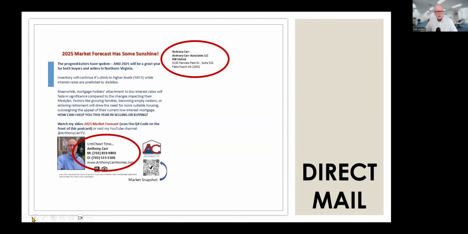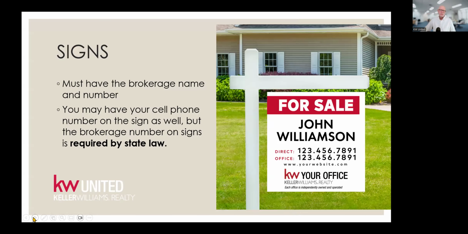And then we're going to spend a little more time on social media in just a minute. But your signs, this is just a sign that I got from one of our sign vendors. This is what it generally should look like. You're going to need a direct number, which would be your number, but you have to have the office number. In Virginia, they don't have to be the same. I don't think in either jurisdiction the number has to be on there somewhere, and it has to be conspicuous rather than inconspicuous.